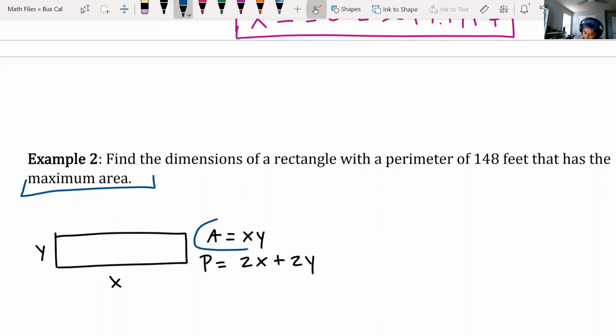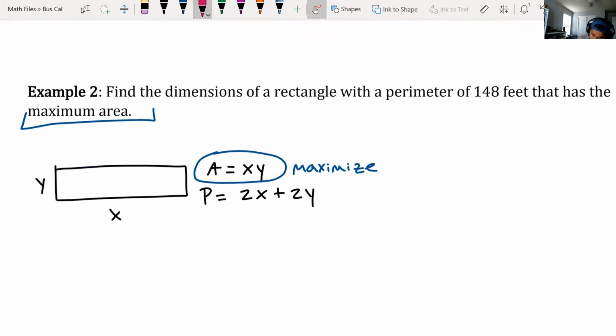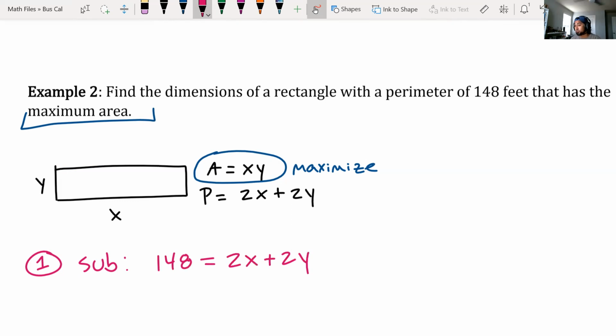So we need to maximize this equation. But again, what variable gets in the way? The y. So again, number one, we make a sub. Using the information given, they tell us that this rectangle has a perimeter of 148 feet. So we're going to take 148 and set it equal to the perimeter equation.